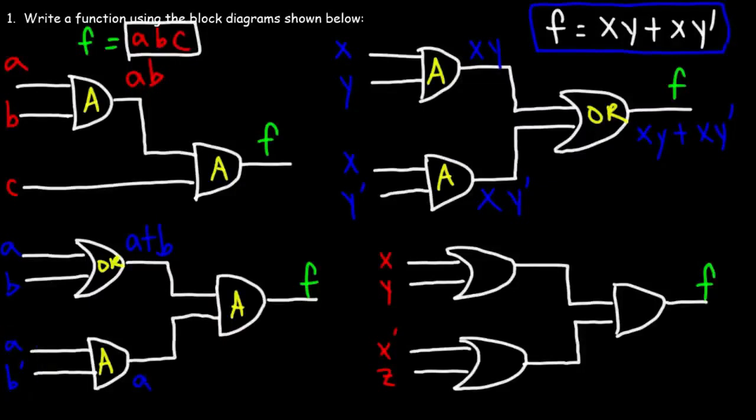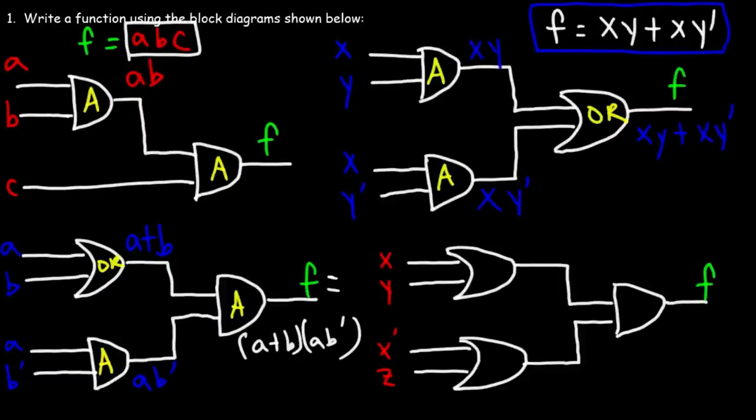So this is A times B prime. Now here we have another AND gate, so we're going to take these two inputs and multiply them together. So we may need to use a set of parentheses. So the function is going to be A plus B, so that's this input, times A B prime. You could put that in parentheses if you want to, but you really don't need to.